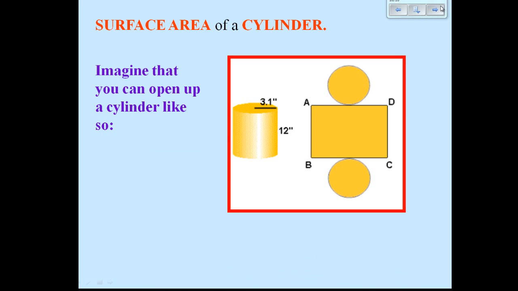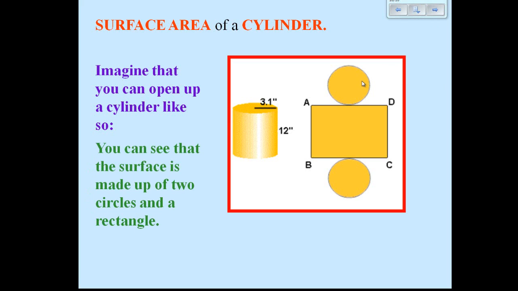Okay, now a cylinder is very interesting, and I need everybody to tune right in here and pay attention. No distractions. All right, if we're thinking about a can, think about a can and we open it up to form its net. Now look at this can. And I know that I want all of these different dimensions here.